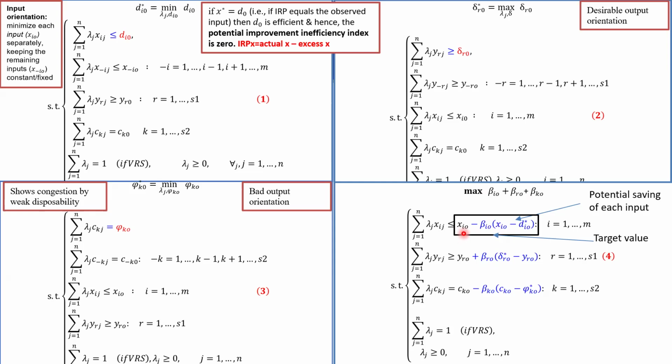This is the target, I believe. I know you're going to get it wrong. That's why I gave you that first. This is actual input. Minus the, we're reducing. Yes, sorry. So this is the actual input, and then we are taking out what? Emily, what are we taking out from the actual input?